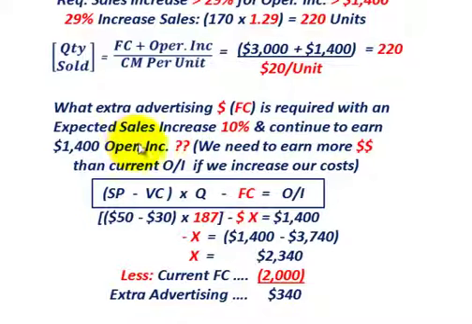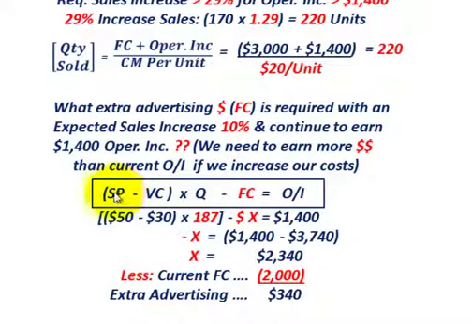Actually, you want to earn more, but we'll just look at it based on the comparison with what we're currently doing. So what can we really justify with the extra 10% in sales in extra fixed cost for advertising? Again, we really need to earn more than the $1,400 operating income before we increase any of our costs. But we'll just look at it as a break-even point.